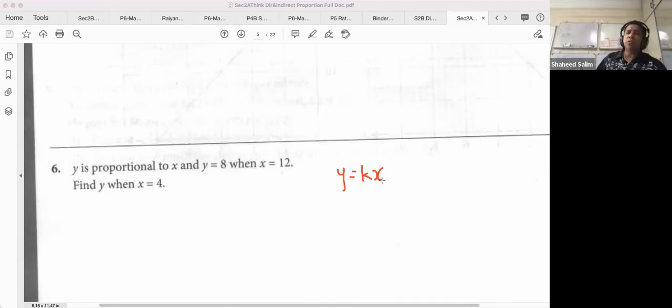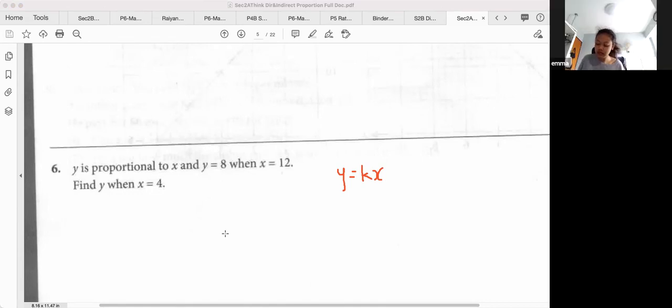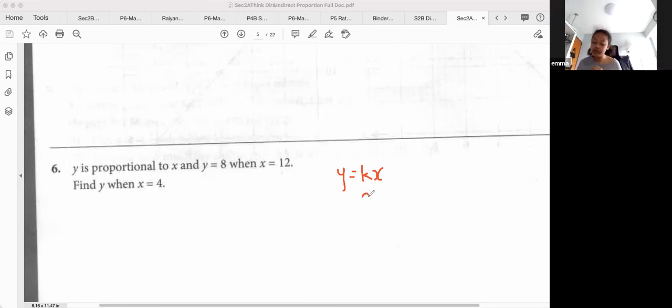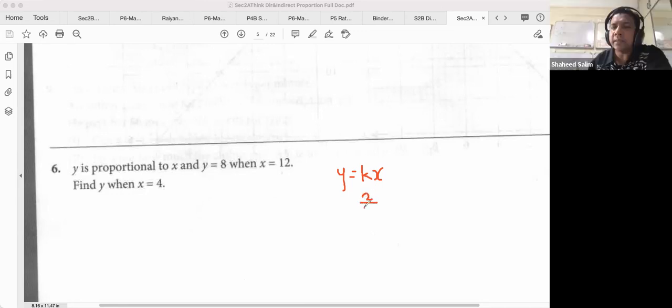And then you tell me what's your formula, what's the equation for this direct proportion exercise. As a fraction, what's your answer? 2 over 3. So your formula is like this.